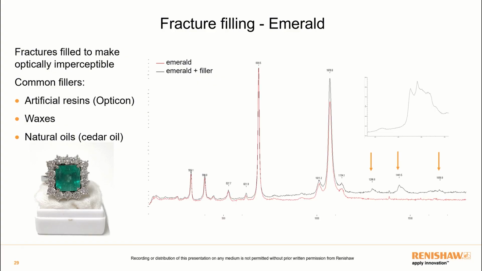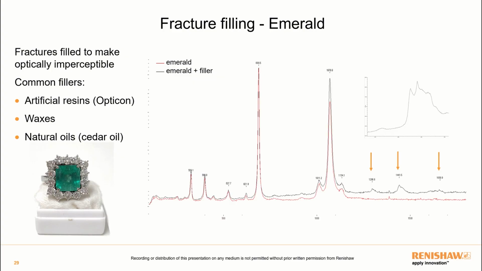But most of the systems installed in gemmological labs only have the 514 laser, so some fluorescence background is expected. As a matter of fact, the spectra that I report here have been baseline removed using the WiRE software feature called Intelligent Background Subtraction that uses a polynomial of the 11th order.